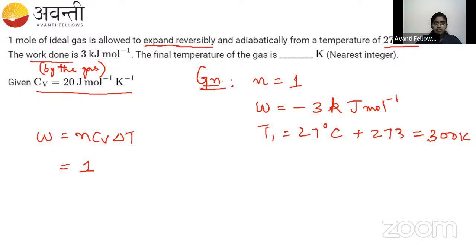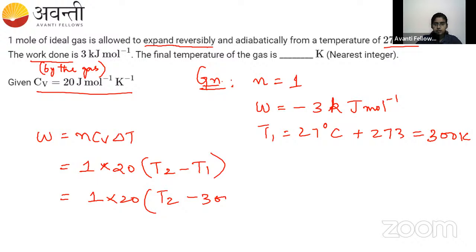Cv is already given in the question, it is 20, and delta T is T2 minus T1. So it is equal to 1 into 20 into the final temperature, which we have to find out, minus the initial temperature, which is 300. The work done is given as minus 3 kilojoule.